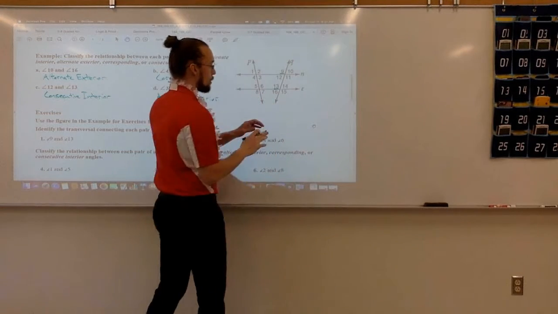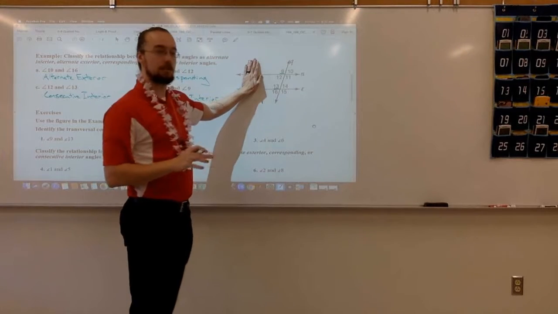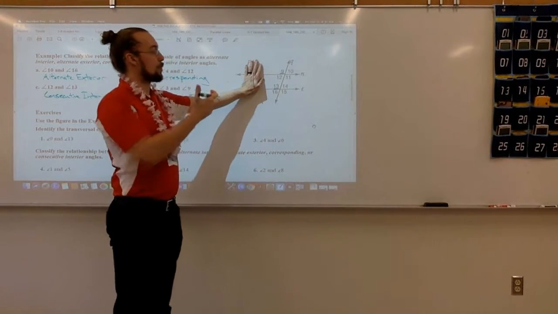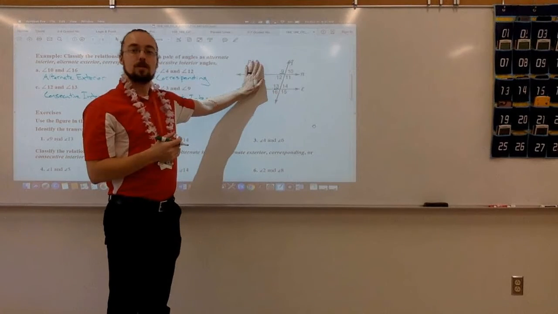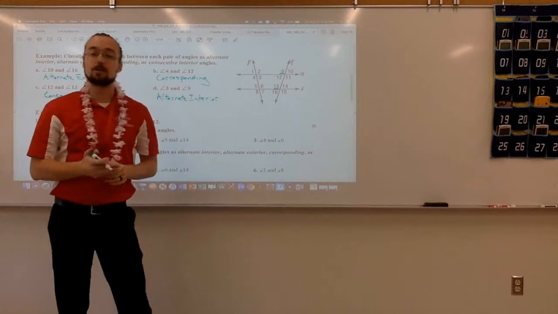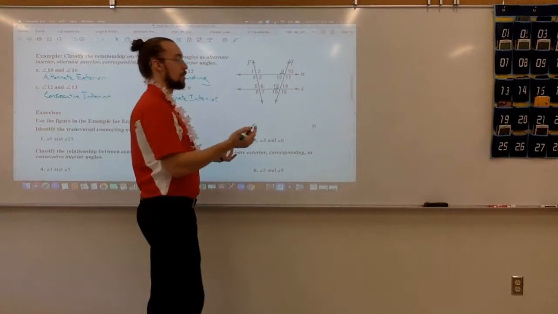Okay, so I'm covering up this left half of the diagram because they're both over here. So what is the transversal? What does that mean? So the transversal, remember, is the line that intersects the other 2 lines.